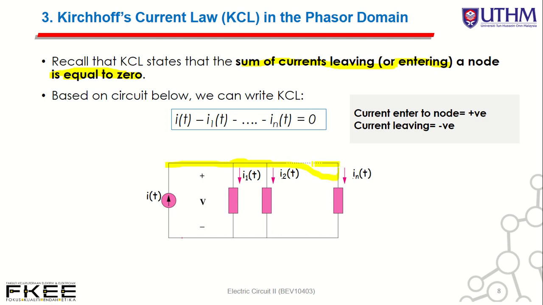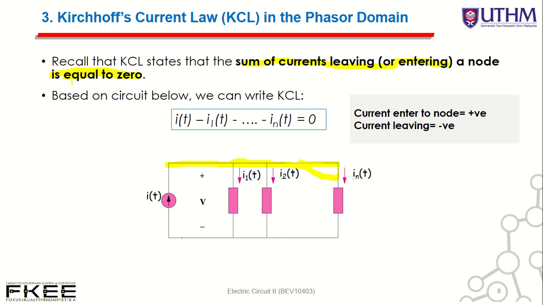Current entering the node equals current leaving the node, or in other words, the sum of the currents entering and leaving a node equals 0. Let's say you have I(t), then I1 across Z1, I2 across Z2, and In across Zn.